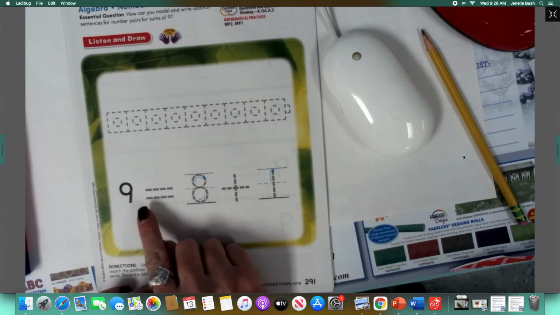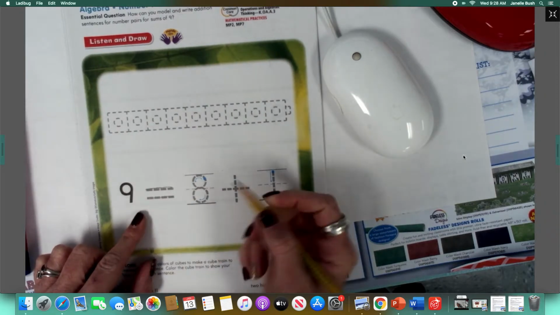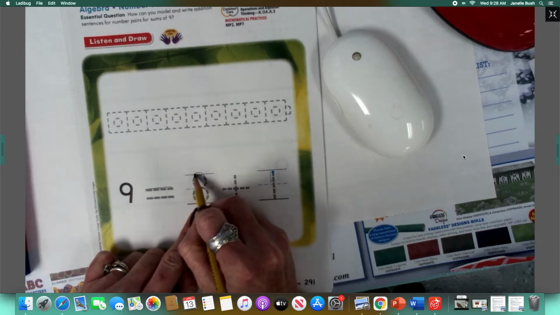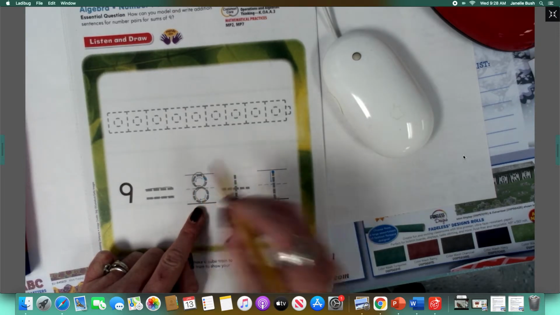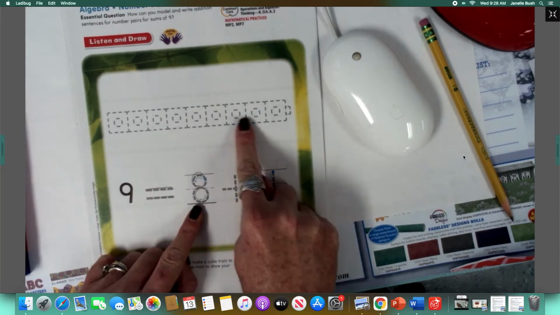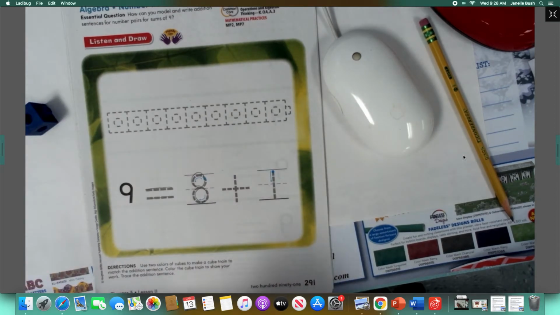Okay, so 9, I'm going to go ahead and trace my equal sign. Equals, what number is this, everybody? This is the number 8. Good job. That tells us how many cubes we're going to have of the first color. Our first color is going to be red, so we're going to have 8 red cubes.